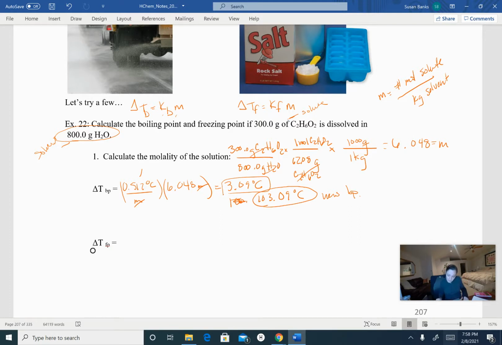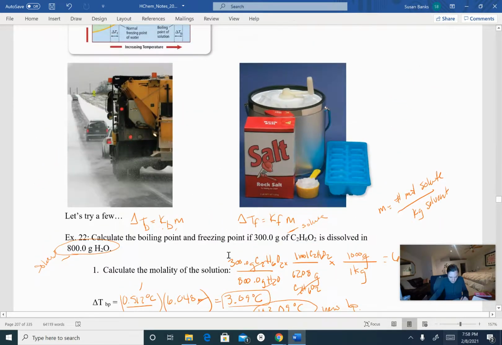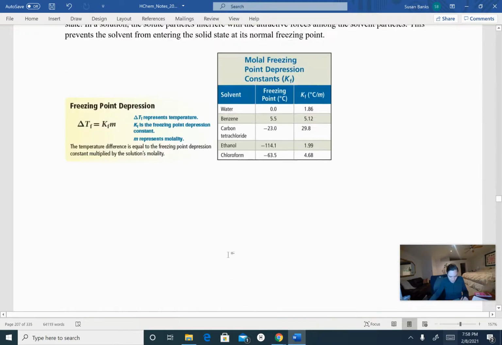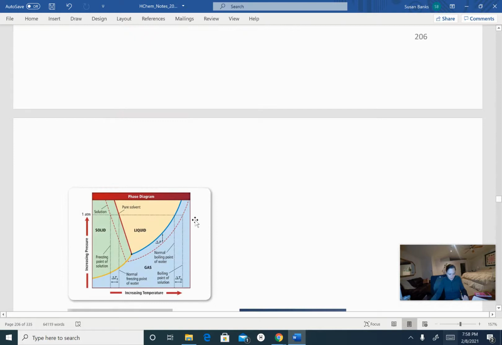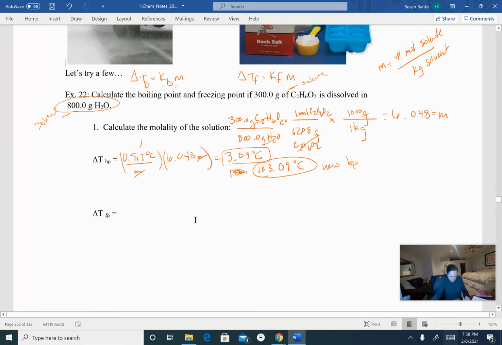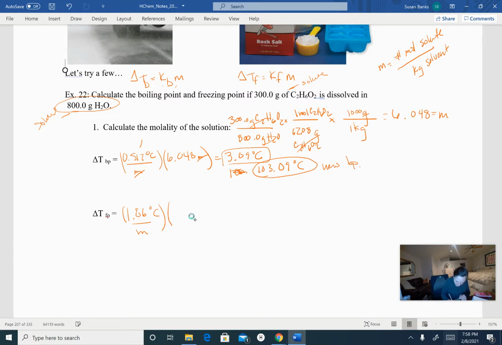Okay, we can do the same thing with our freezing point. So we need to look up our freezing point constant of water. If we look at our freezing point constant of water, it's 1.86 degrees Celsius per molal. And our molality is 6.048 molal.